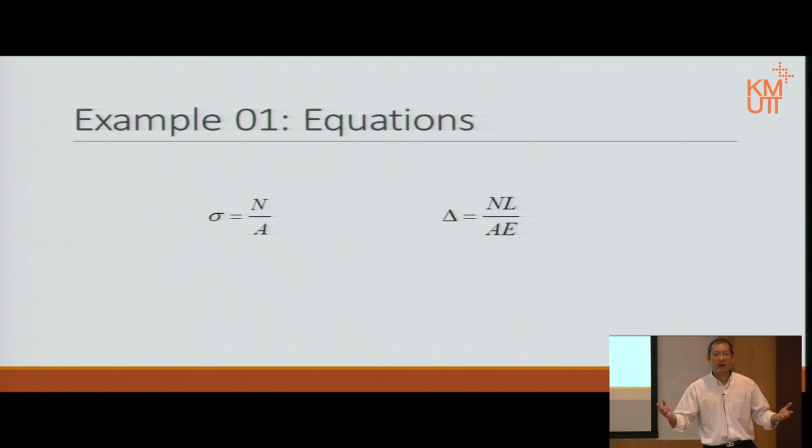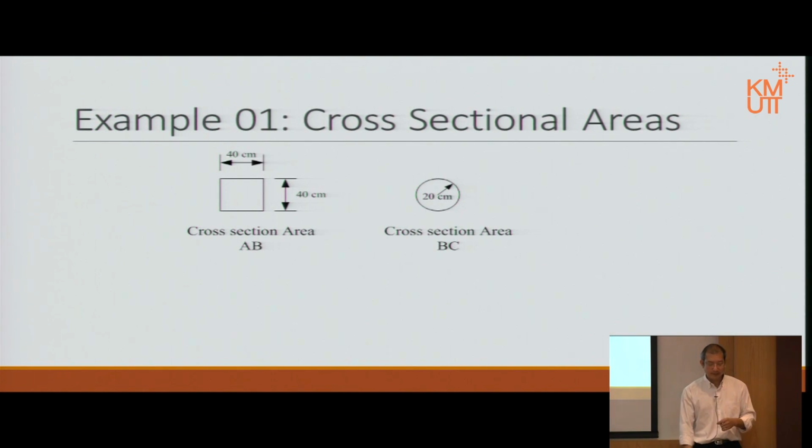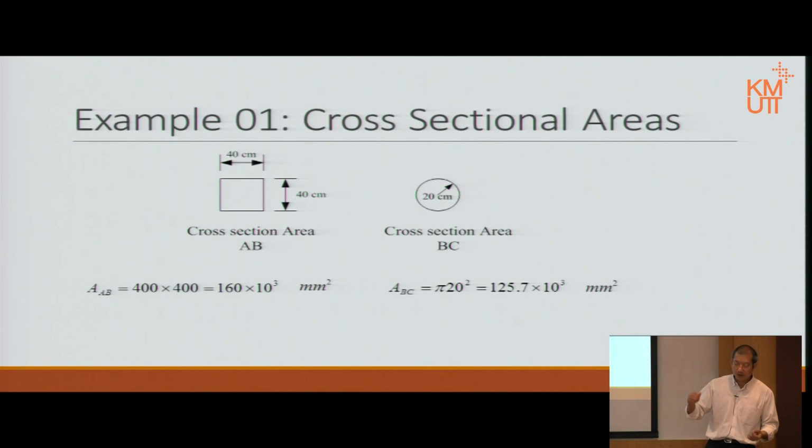So there is no problem here. We can solve it straightforwardly. First, at this moment, what we still have to calculate is N and the area. So let's go for it. The area. Two areas. Square. In fact, it's not a rectangle, it's a square. And a circle. This is how we calculate the areas.